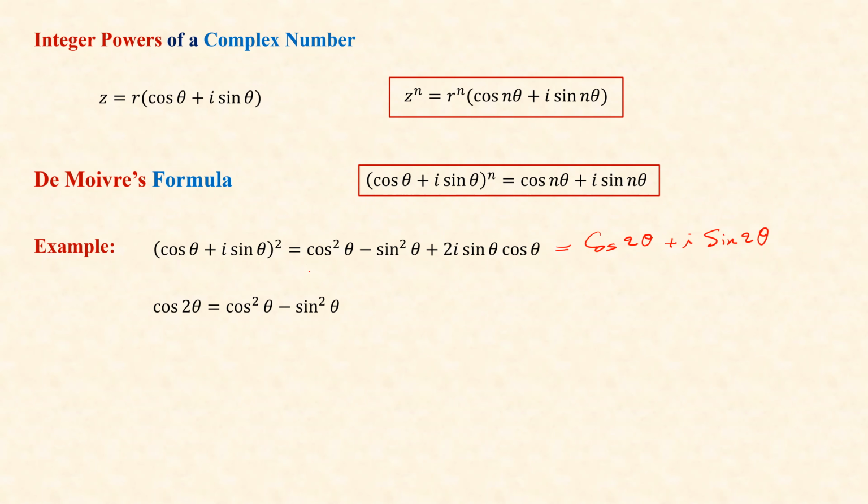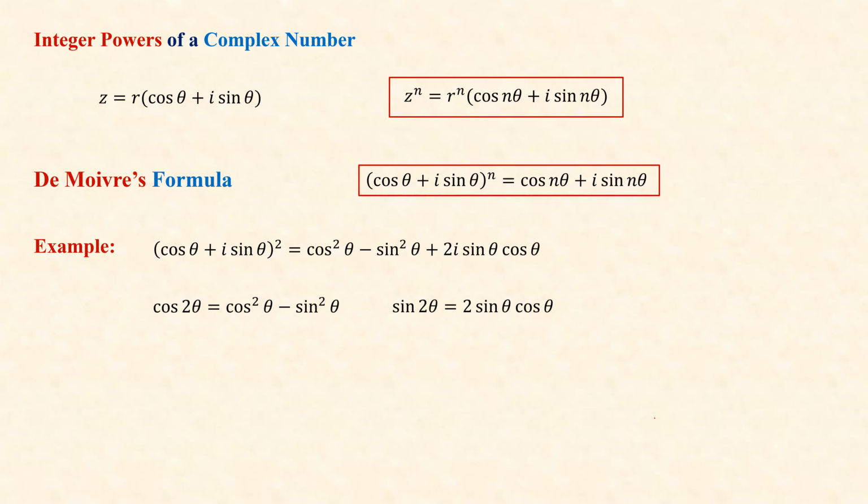And then if these two numbers are the same, then the real parts and imaginary parts should be the same. So cosine of 2 theta becomes cosine squared theta minus sine squared theta, and sine of 2 theta becomes 2 sine theta cosine theta, that we know from before.